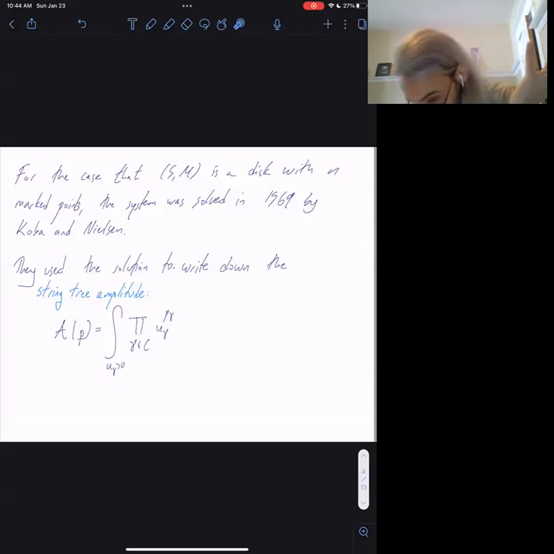So already in 1969, it was understood that you should try to write this down. You should try to do the same thing that Koba and Nielsen had done, but instead of working with the disk, which was the only case they had thought about, you should try to work with surfaces of higher genus. And people didn't get that to work out at all. They got totally stuck.